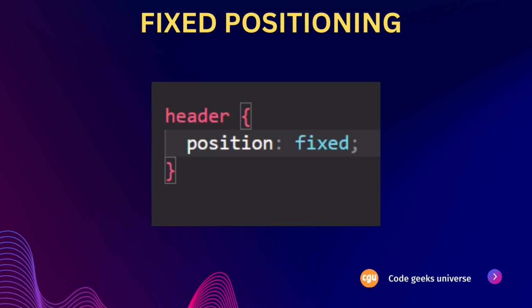And now after this, we have fixed positioning. Fixed positioning works just like absolute positioning, but with one significant distinction. While absolute positioning fixes an element relative to its closest positioned ancestor, fixed position is a game changer when it comes to web design.